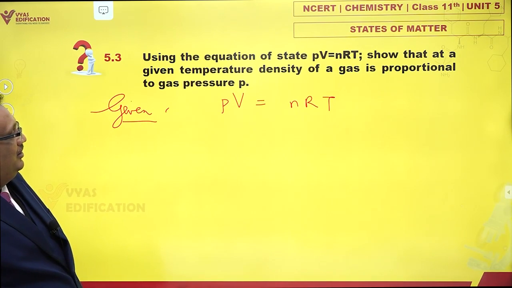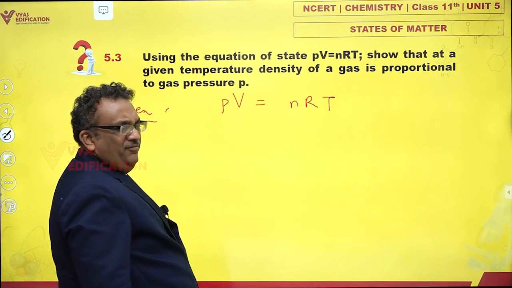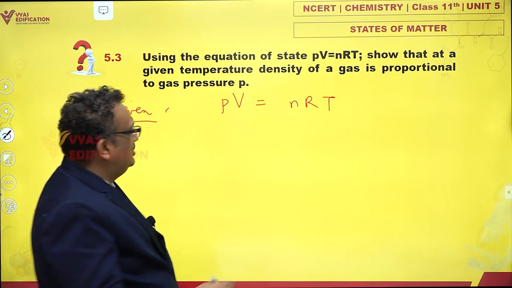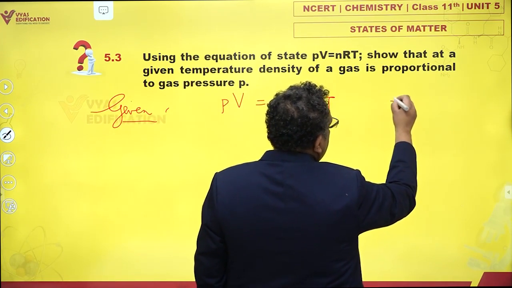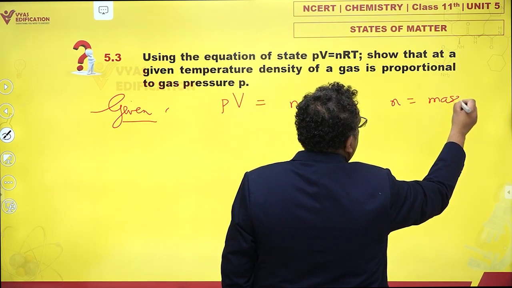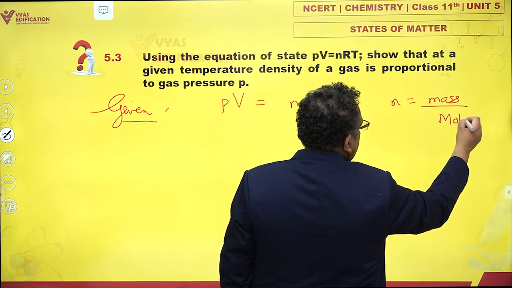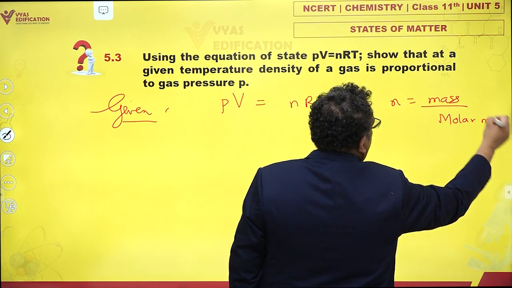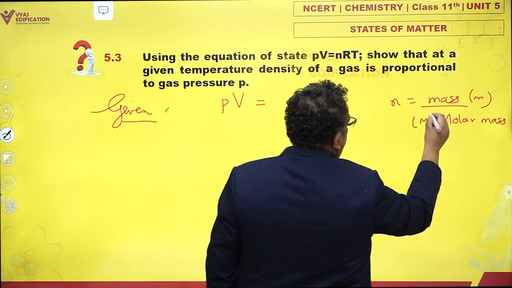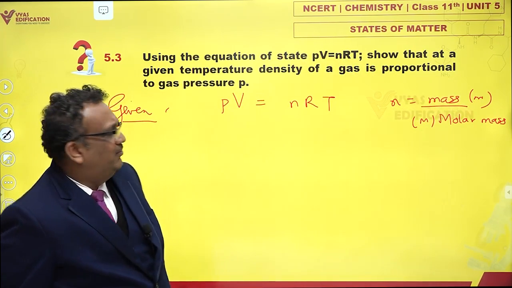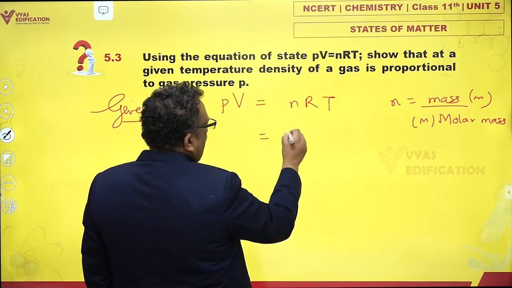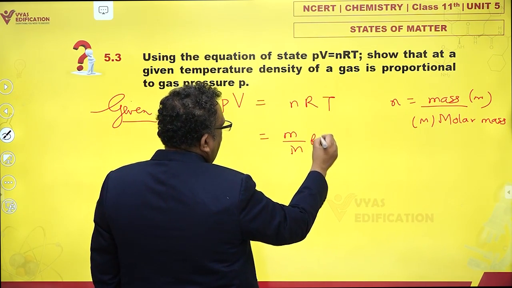And then, well, we have a small formula, number of moles. Number of moles is mass by molar mass. Mass is small m, molar mass is capital M. There is a formula for number of moles. Can I write this? Yes. This is m by capital M RT.